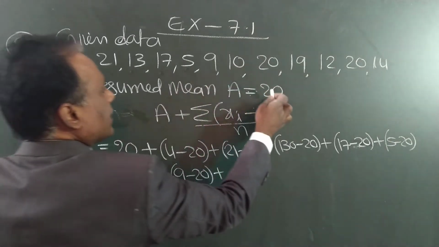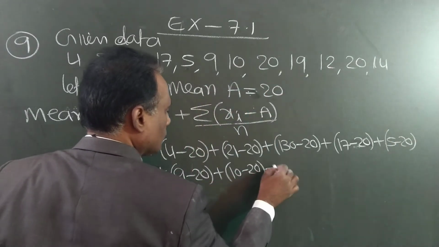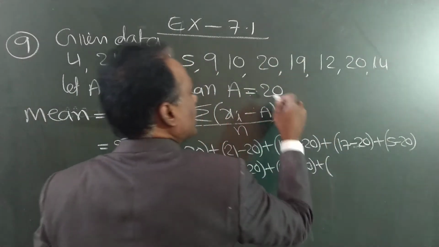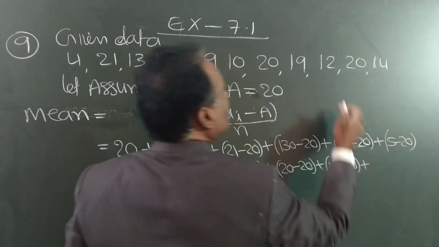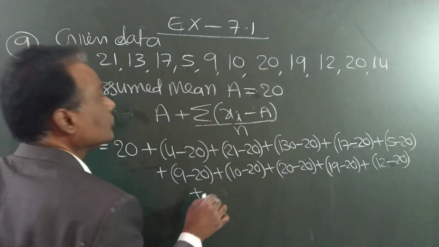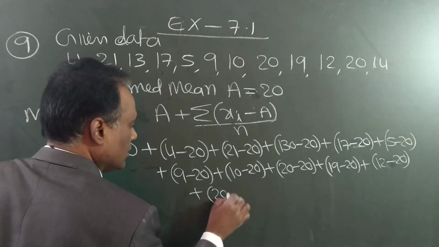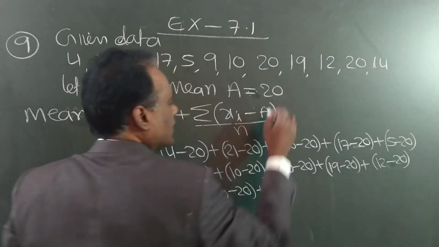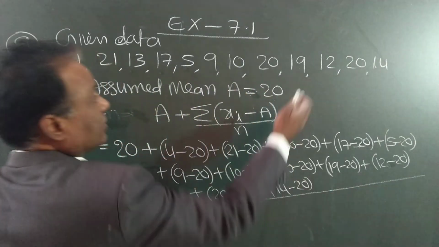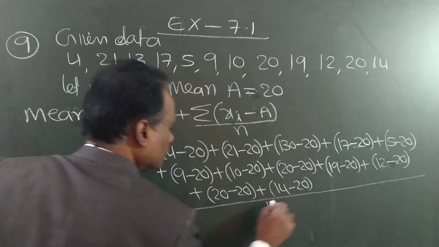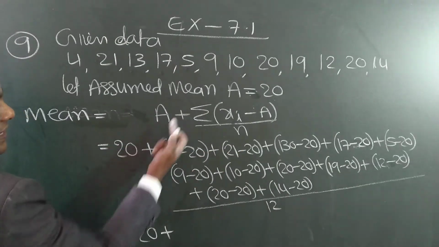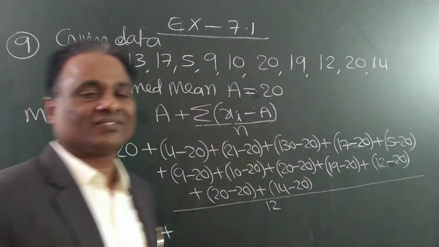Same, 10 minus 20, 20 minus 20, 19 minus 20, 12 minus 20, 20 minus 20, 14 minus 20. By how many observations? 1, 2, 3, 12. So 20 is the same. Don't add it with that. This 20 is separate. From here the fraction starts.